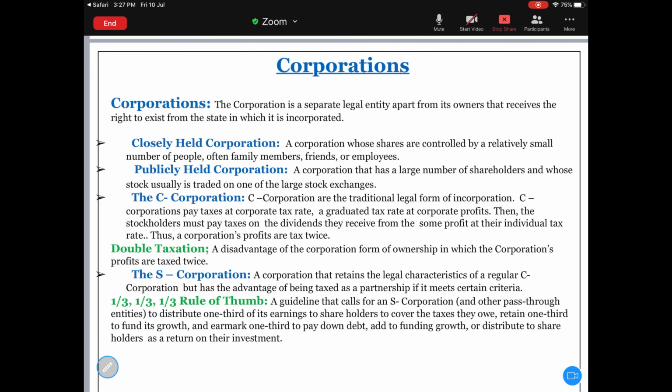Closely held corporation is mainly a corporation whose shares are controlled by a relatively small number of people, often family members, friends, or employees. For example, a group of five or six people from a family make a company and make it a limited company, which we call a private limited company.